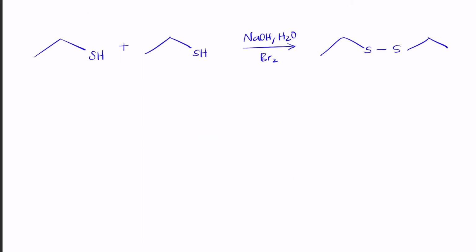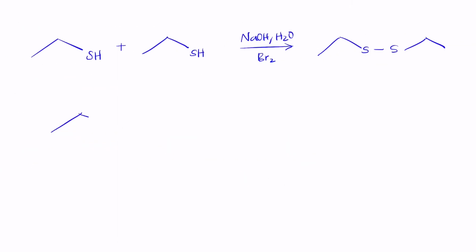The first thing that happens is that the SH undergoes an SN2 reaction in the presence of bromine.